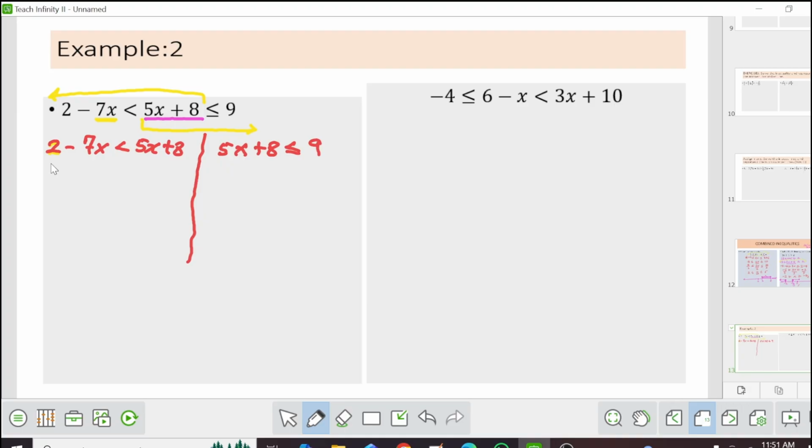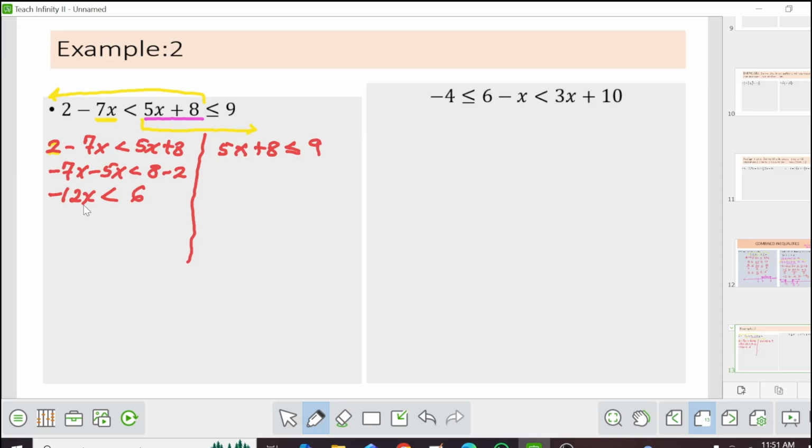In that case you can now solve this one the way you like. For this one, you collect like terms by saying minus 7x minus 5x less than 8. When this 2 crosses the inequality to the other side, it becomes minus 2. So minus 7x minus 5x gives me minus 12x, less than 8 minus 2, which gives me 6.